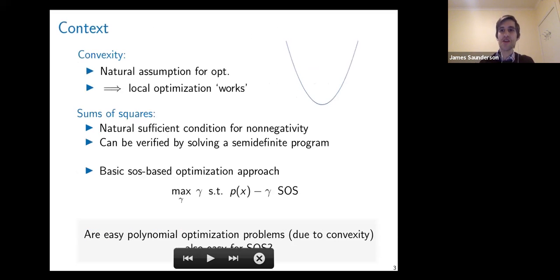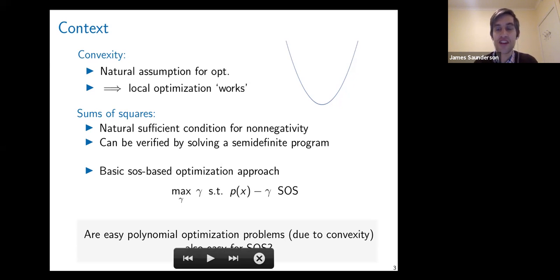Just to give a tiny bit more context for this question, I think it's already natural to say that whenever I have a nice family of non-negative polynomials, it makes sense to ask when they're sums of squares. But just to give some other motivation for this question: why do we care about convexity, particularly from an optimization point of view?